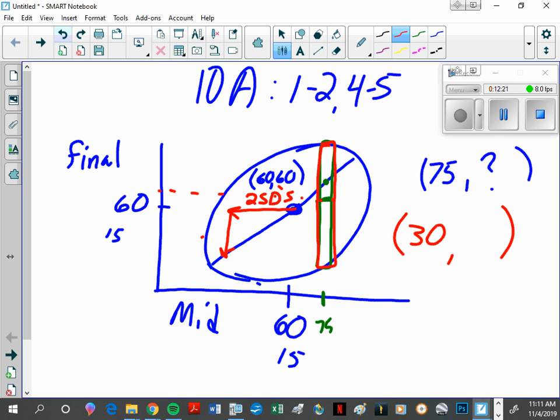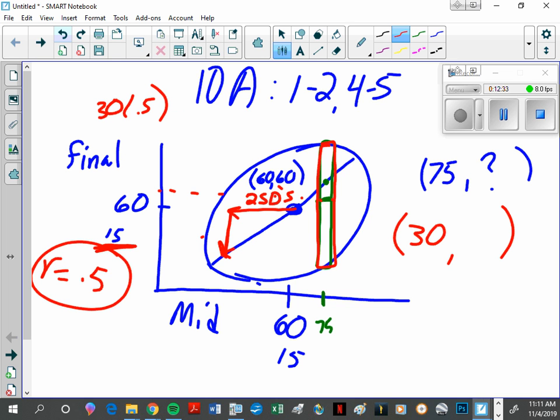How much too far? This much. So instead of dropping 30, which is 2 SDs, I'm going to drop half of that, and I get 15. What does 15 tell me? That's how far below 60 you're expected to score. So 45. If you score 30 on the midterm, my best guess is that you will score 45 on the final.